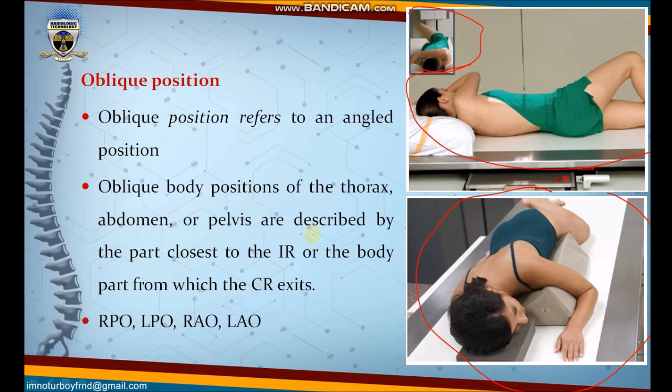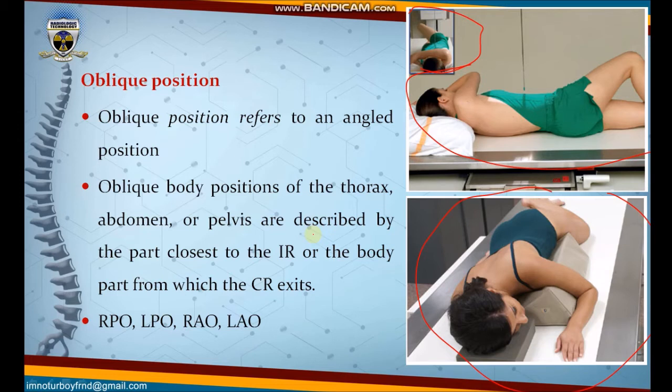Oblique body positions of the thorax, abdomen, and pelvis are described by the part closest to the IR, or the body part from which the central ray exits. So we have four oblique position terminologies: RPO, LPO, RAO, LAO.